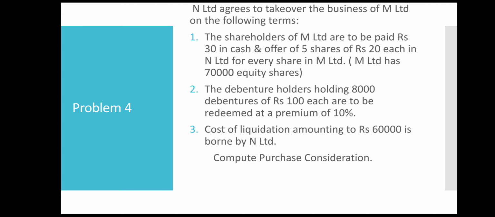So this will be included while calculating purchase consideration. So the first point and the last point will be included, and the second point will be excluded because it is payment made to debenture holders.